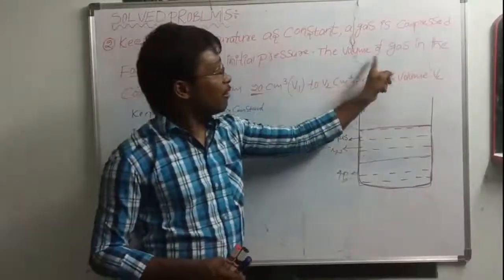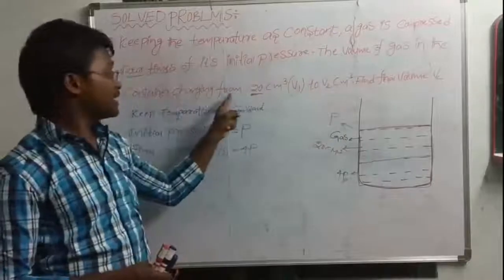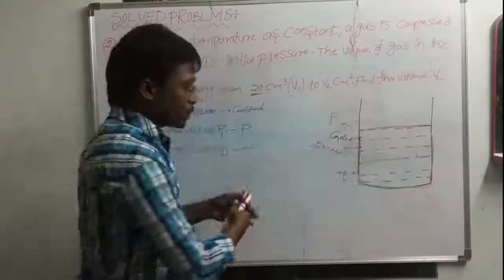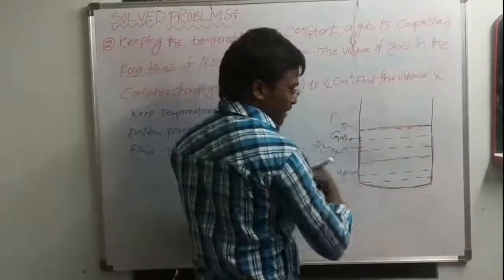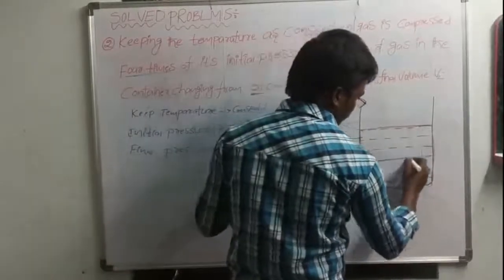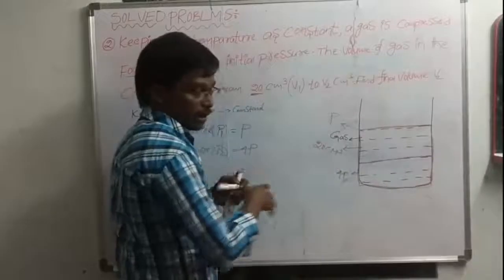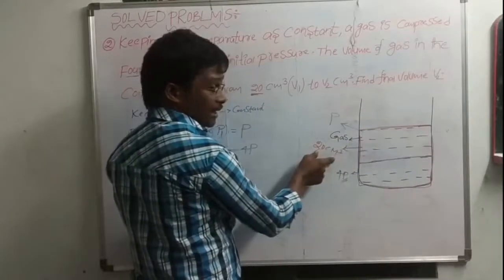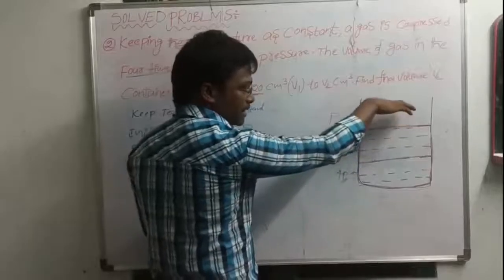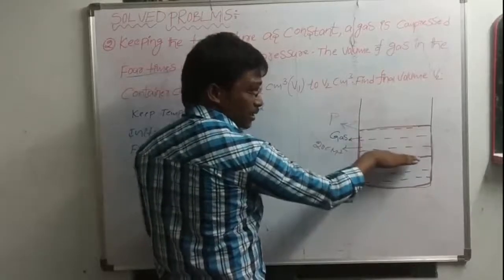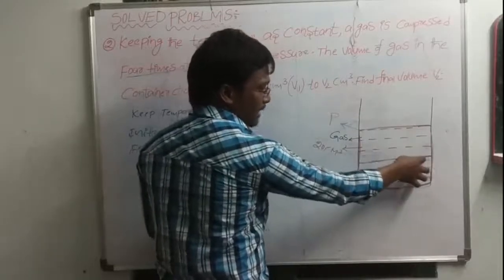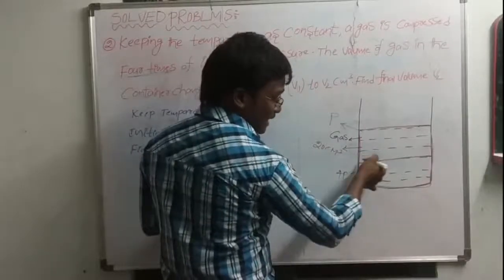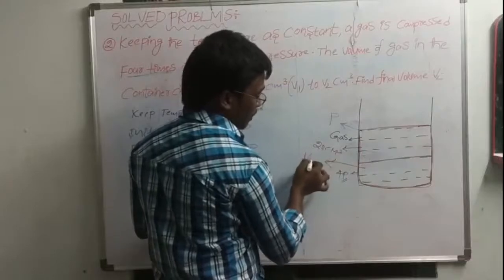The volume of the gas in the container is changing from 20 to V2. Suppose gas level is reached here initially. What is the volume at that time? 20. Whenever you compress, the gas level is reduced. So the gas is reached at this position. So at this condition, what is the volume? He is asking.